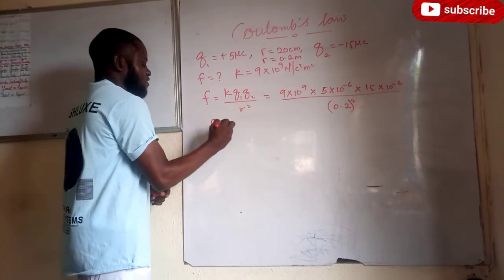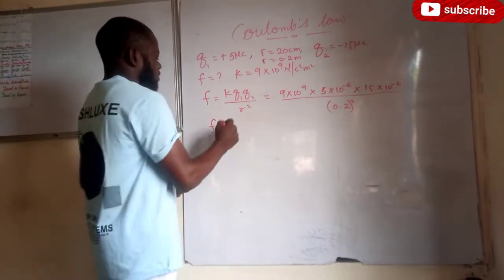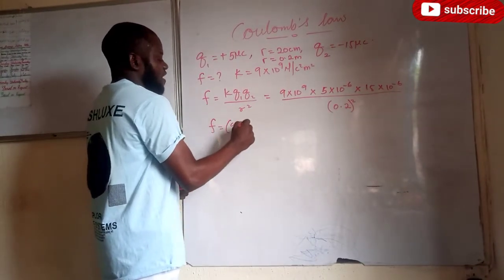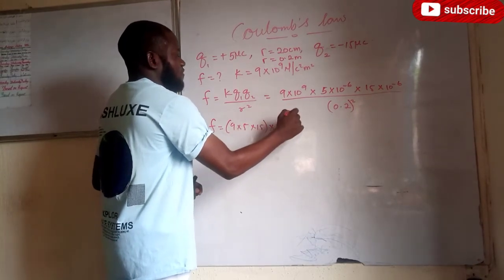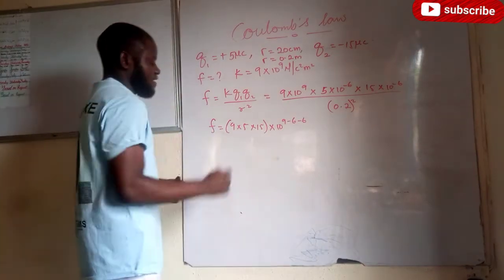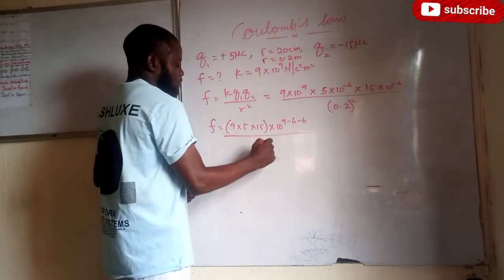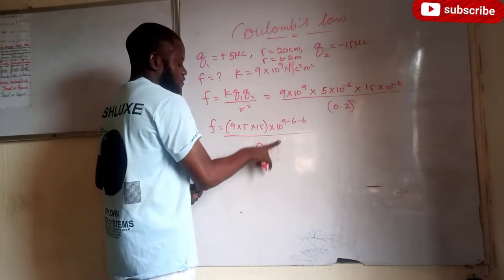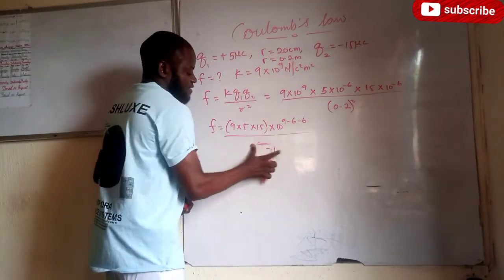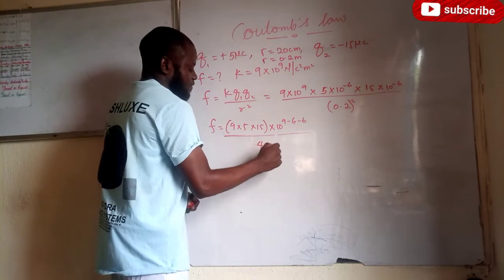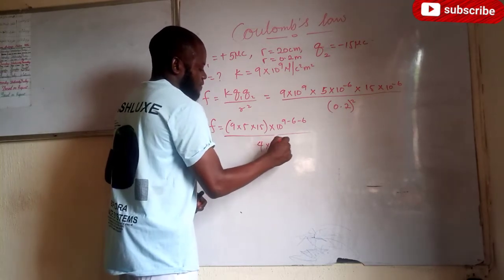So the electrostatic force of attraction becomes 9 multiplied by 5 multiplied by 15, then multiplied by 10 to the power of 9 minus 6 divided by 0.2 squared. This is supposed to give us 0.04. Cool. And I can write this one as 4 multiplied by 10 to the power of minus 2.